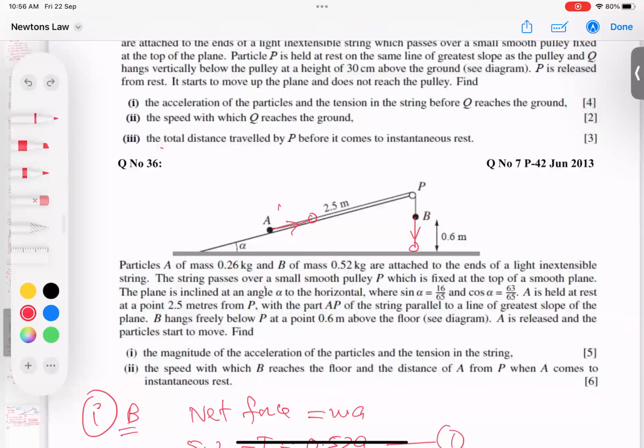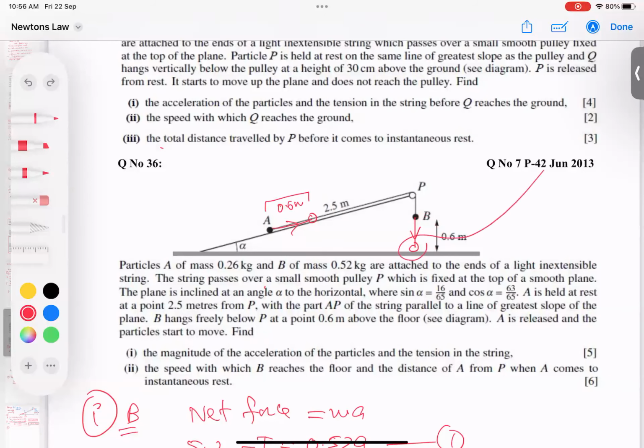One point is very clear: what is the speed here? 0. And here? 0. Let's say at one point they are traveling with the same speed, both particles.